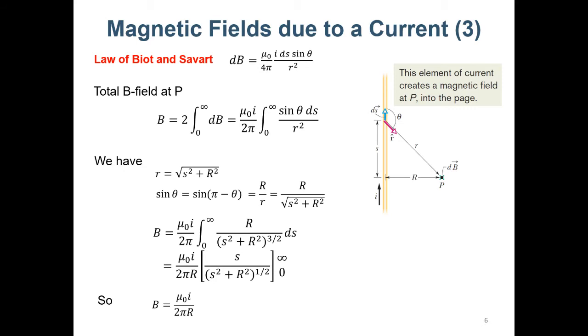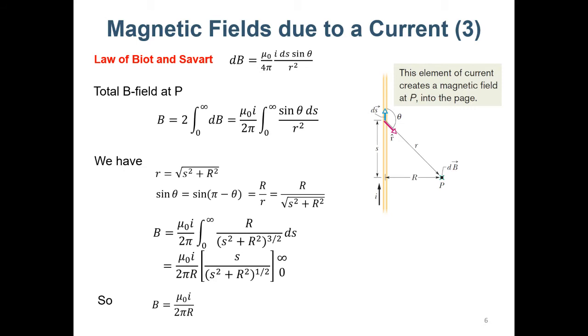Actually mu0 I and 2 pi are constants, so we factor them out. R squared is related to ds, and theta is also related to ds. Suppose we consider ds is here, pointing to this side, the current is going from bottom to top.